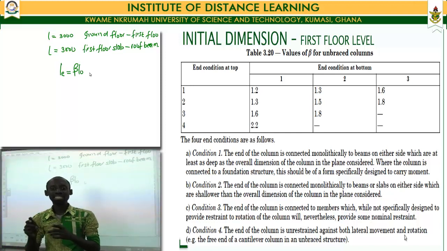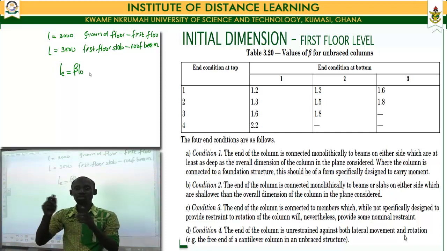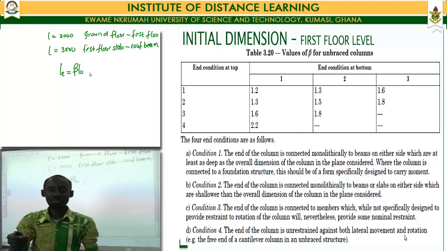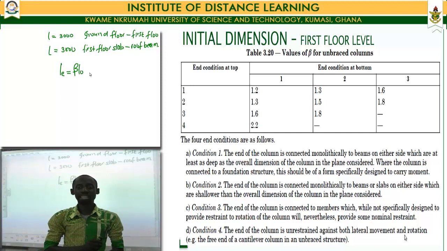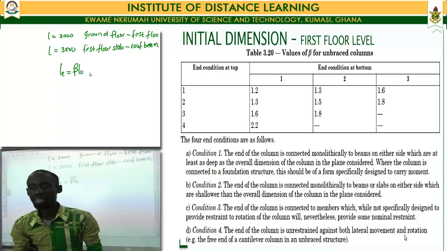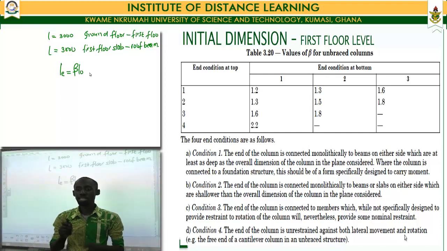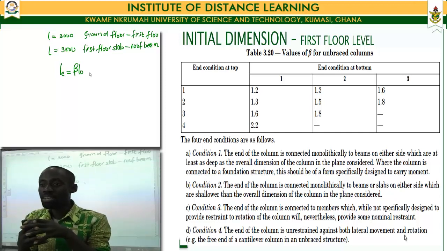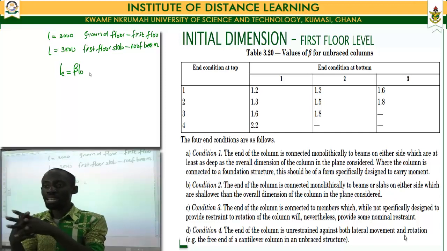Now, the conditions at the various points of our column, the top part or the bottom of the column, are stated below table 3.20. For condition 1, it says the end of the column is connected monolithically to beams on either side, meaning that the column and the beam are connected as one element. They are not two disjointed elements which have been connected together, but are acting as one element.